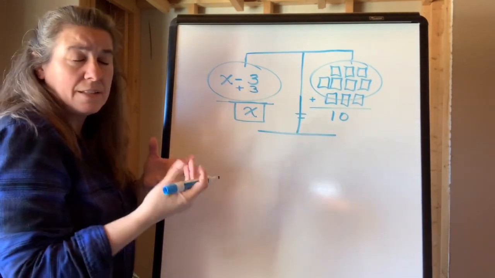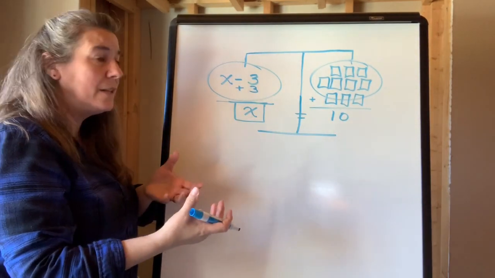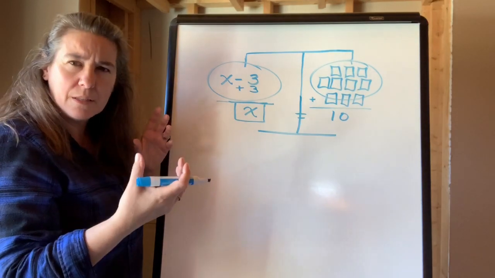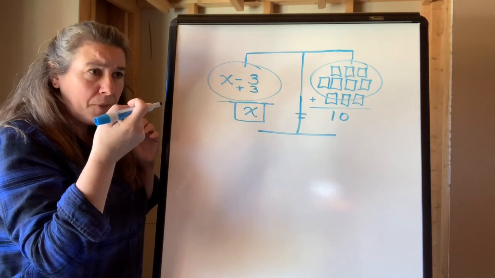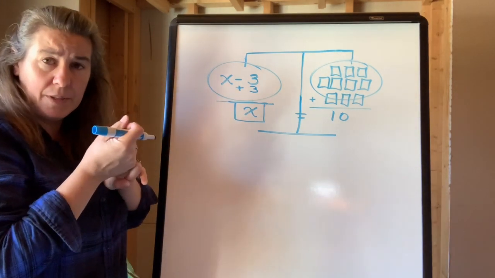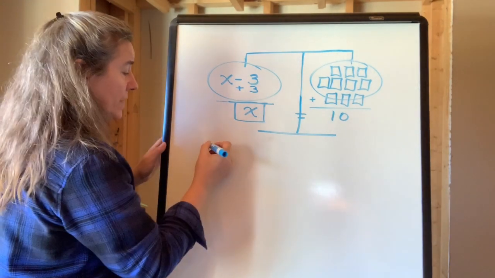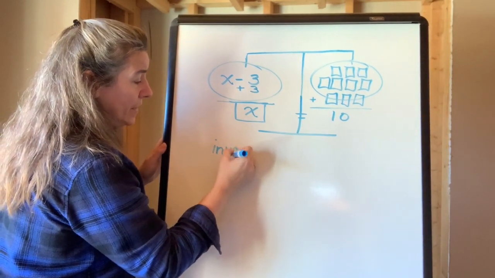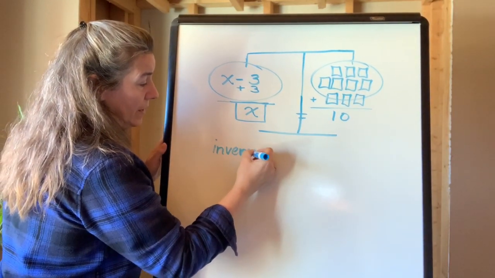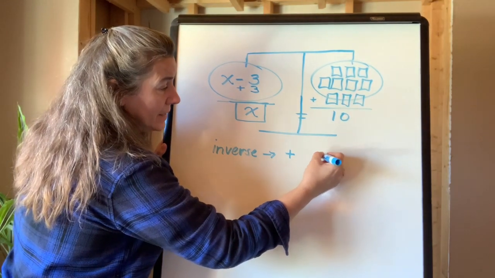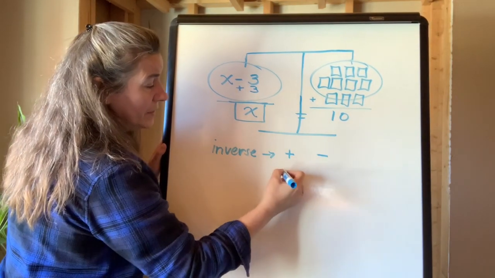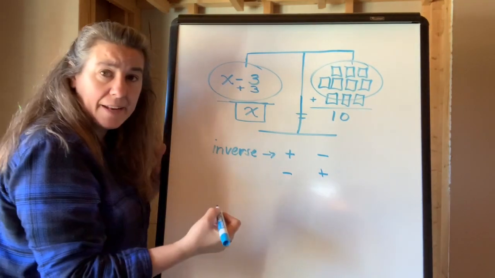You can think of this as actual things with actual weight, but we just want to also consider it as equal quantities, okay? So 2 new concepts for you for this lesson are this concept of the inverse of an operation, that the inverse of adding is subtracting, and the inverse of subtracting is adding.